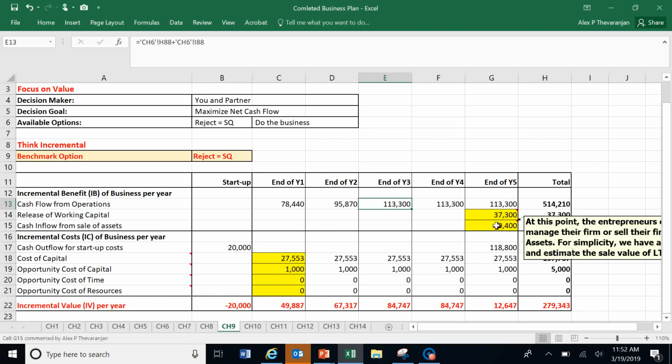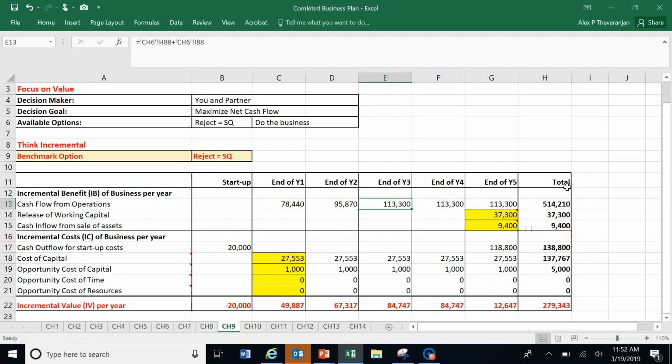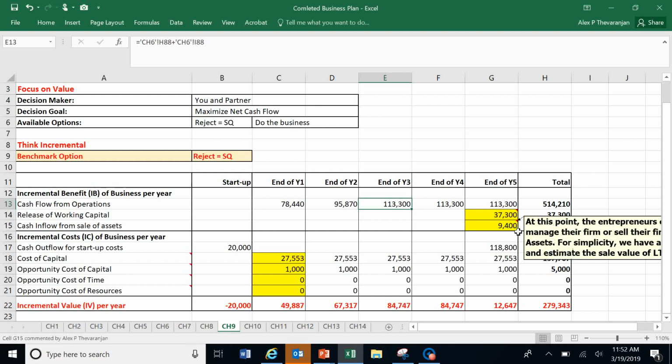Later in chapter 12 we will try to estimate the value of your business. At this point, the most conservative thing is that at the end of 5 years you shut down the business, so you sell your assets, and you should be able to get so much money at the end.